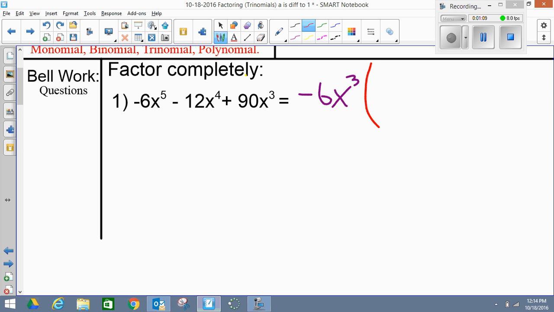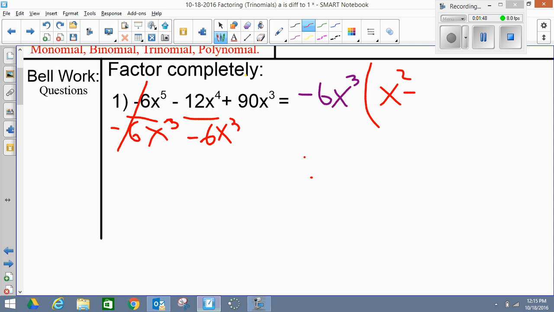Open parentheses and start dividing every term by -6x cubed. So -6x to the fifth divided by -6x cubed, the -6s cancel. X to the fifth divided by x cubed, subtract the exponents, 5 minus 3 is 2. Then the 12x squared: x to the fourth divided by -6x cubed.